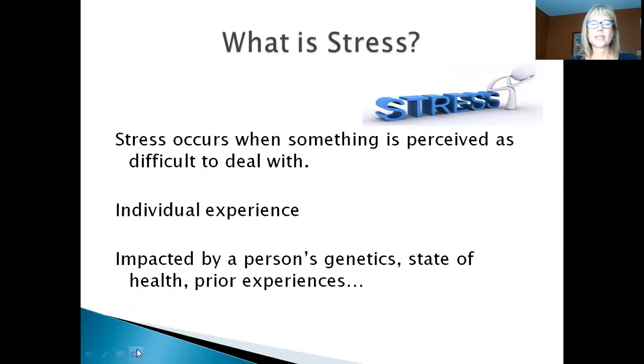Finally, we know that stress is impacted by a person's genetics, their state of health, and also their prior experiences. If someone is dealing with some chronic health issues, that will make them more vulnerable to the impacts of stress. Also, when we look at prior experiences, we can look at that in two ways.